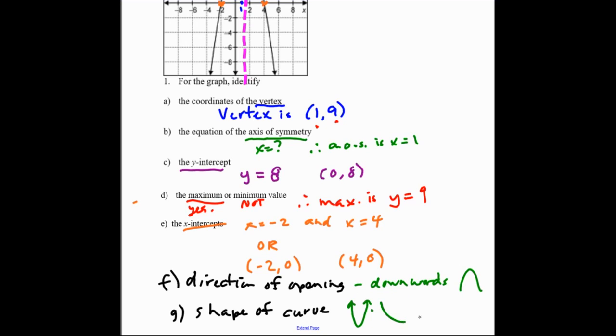Is it wide? Like our first example was wide. Or is it pretty normal? So is it narrow, wide, or normal? And so in this case, I would say it is normal. Just keep thinking along those lines of, so now we have 1, 2, 3, 4, 5, 6, or 7 things to consider about our parabolas as we move forward.